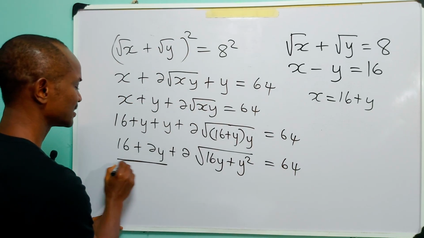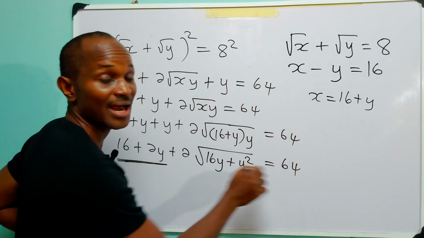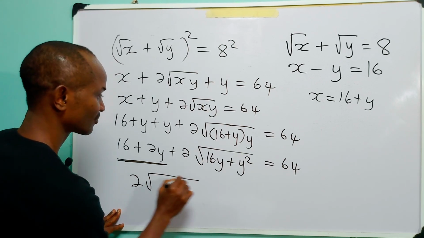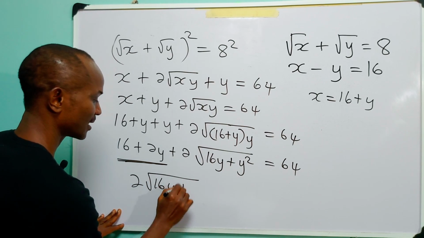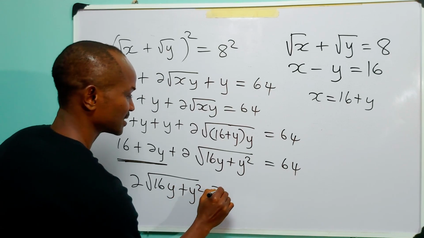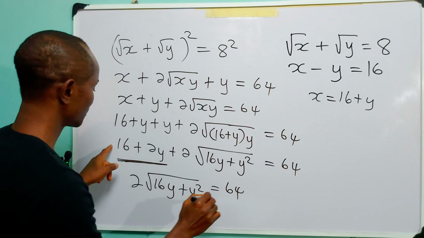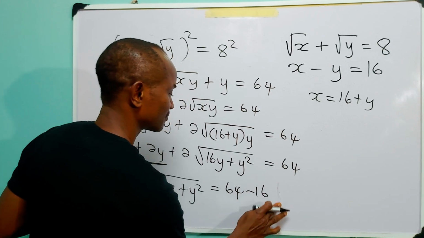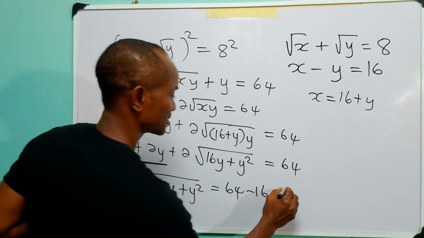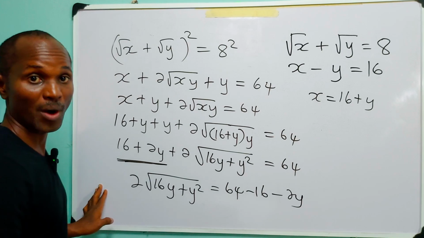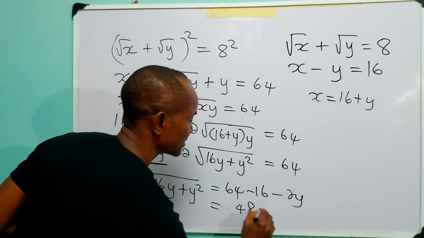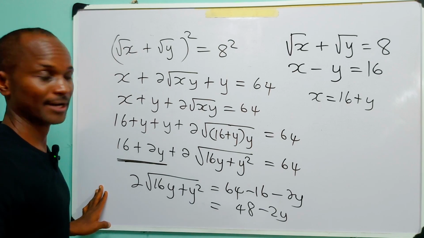Now we send these two terms over to the right hand side of the equation, and we have 2 root 16y plus y squared is equal to 64 minus 16, minus 2y. And of course, this is equal to 48 minus 2y.